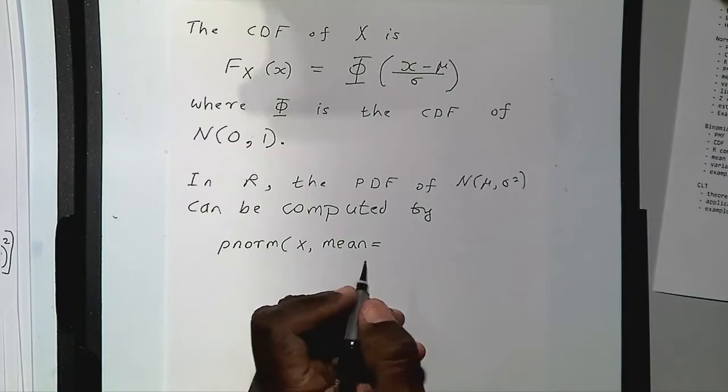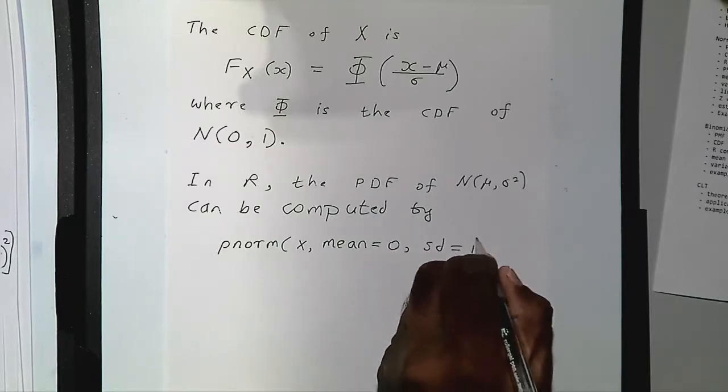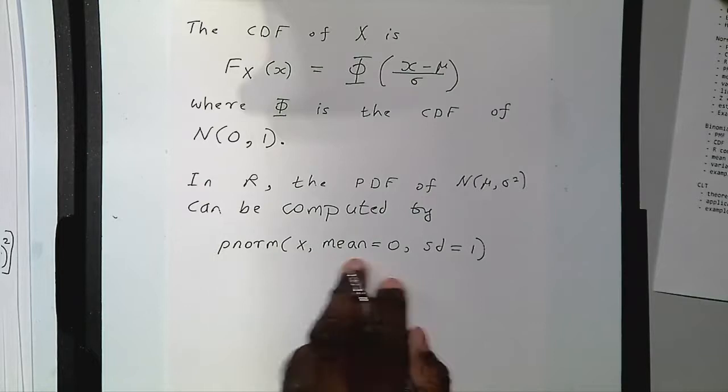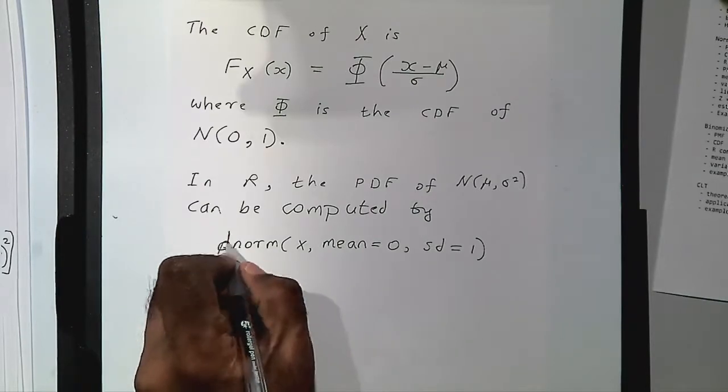So for example, say 0, SD equal to 1. So this command will compute the D, not P, D. I'm sorry. I'm sleeping today.